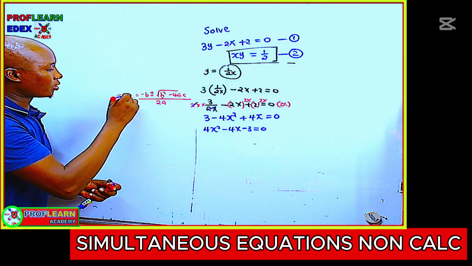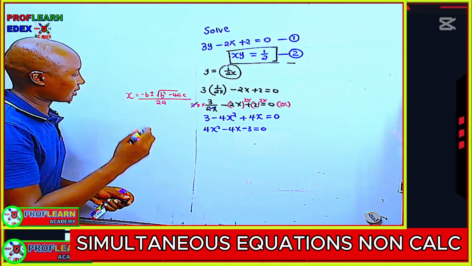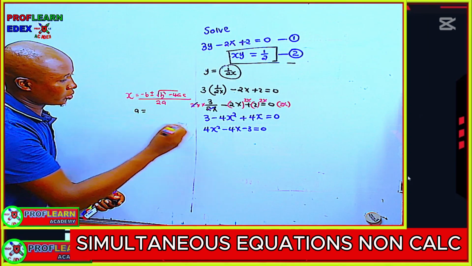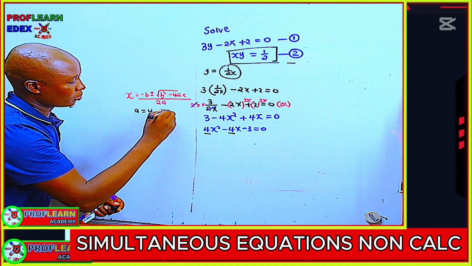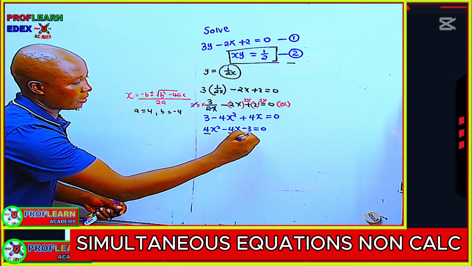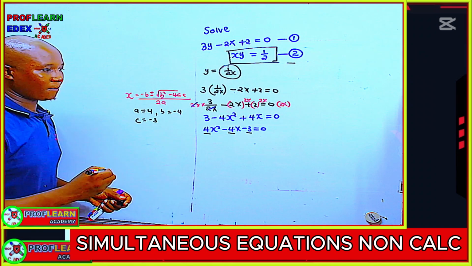With the way the equation is, our a is equal to 4, our b is equal to negative 4, and our c is equal to negative 3.